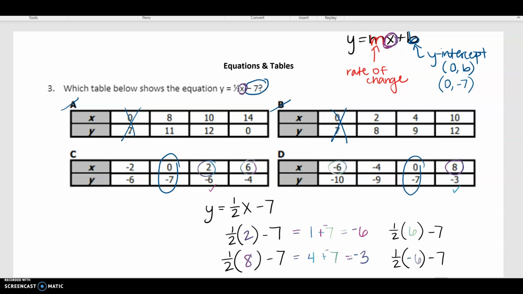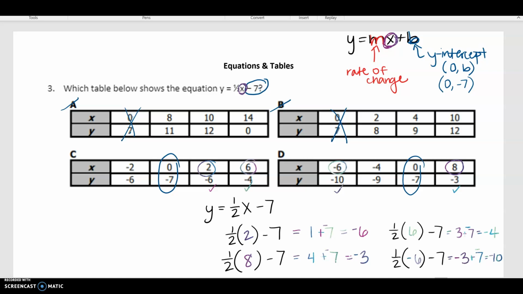Okay, 1/2 of 6 is 3. 3 minus 7, add the opposite, different sign subtract, so -4. That looks good. 1/2 of -6 is -3. So we're going to do -7, add the opposite is -10. Well, that matches too. Okay, so we're going to keep going.